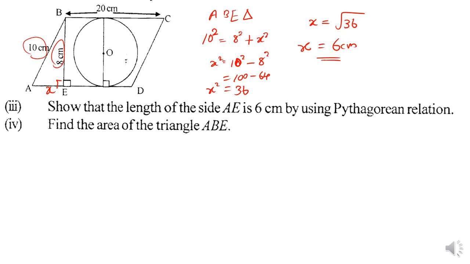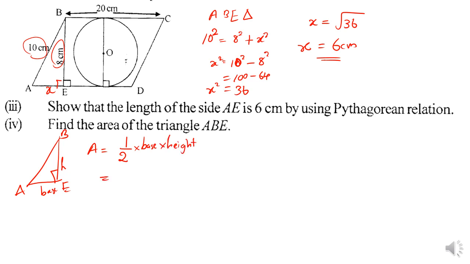Now find the area of the triangle ABE. If this is a right-angled triangle, you can take this as the base and this as the height. Only if it is a right-angled triangle can you do it like this. The area of a triangle is half into base into height.